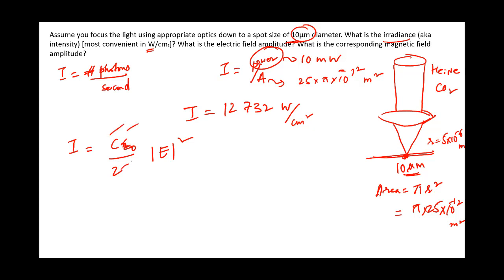If you plug in those constants, you basically get the electric field from the intensity. The electric field would be roughly 3 times 10 to the power 5 volts per meter.